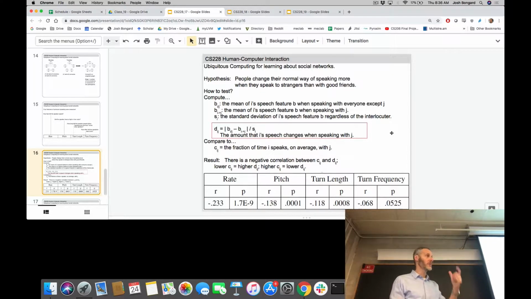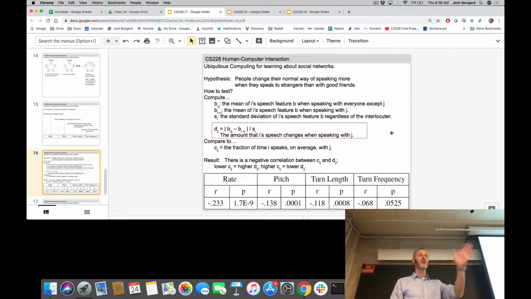And by close, we mean how often did they engage in conversations? And as we saw last time, there's an anti-correlation between D and C. When D goes down and approaches 0, they're speaking less, then C_I goes up, which is the fraction of time that they speak with that person.